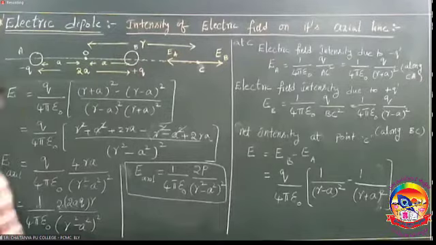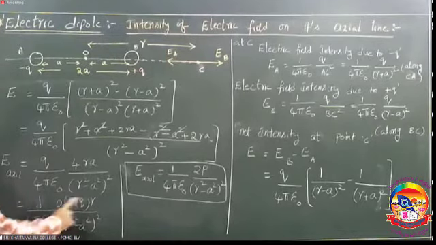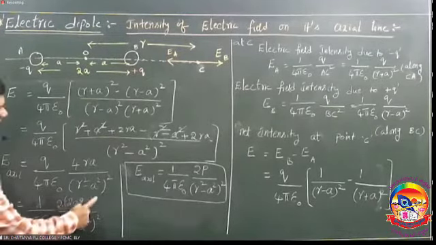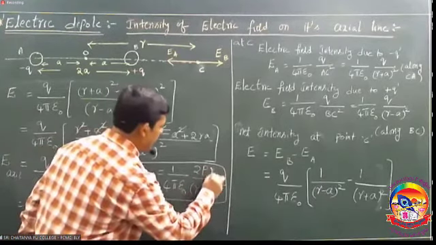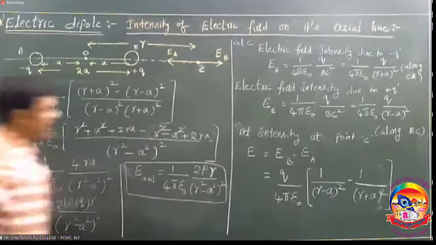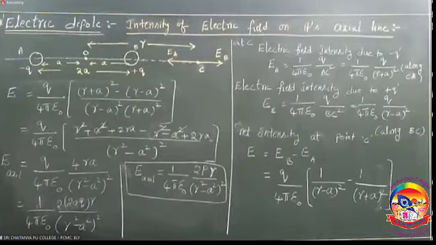Good. Here you just see 2aq is P, 2pr by r square minus a square whole square. Okay.